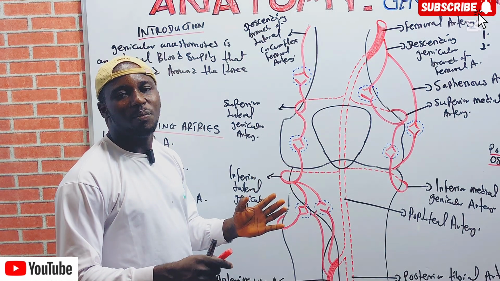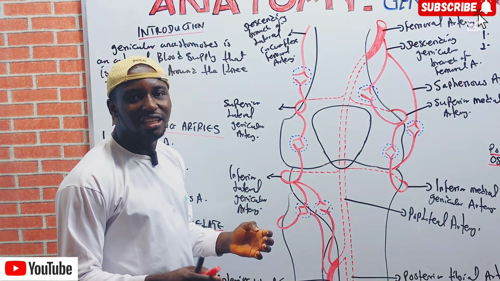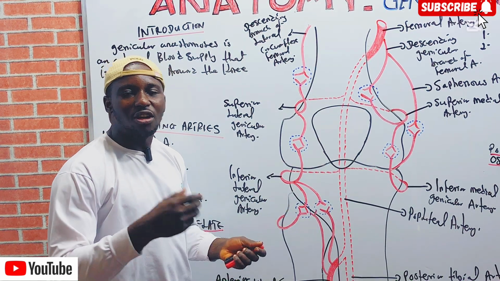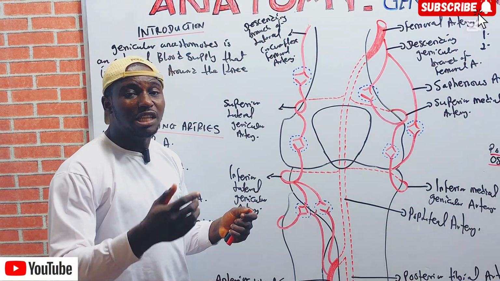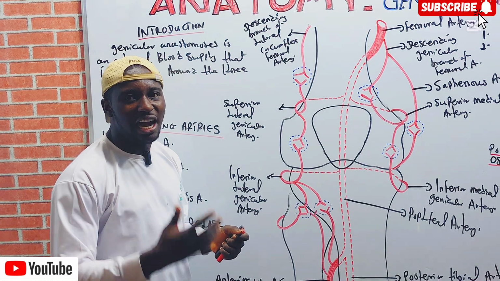And what is that important artery? That artery is the circumflex fibular branch of the posterior tibial artery.